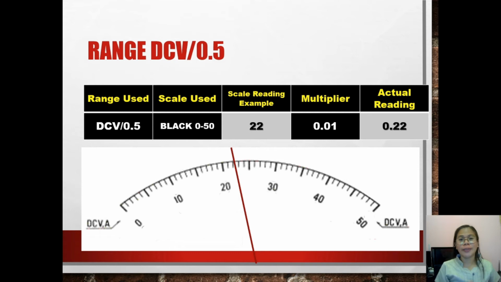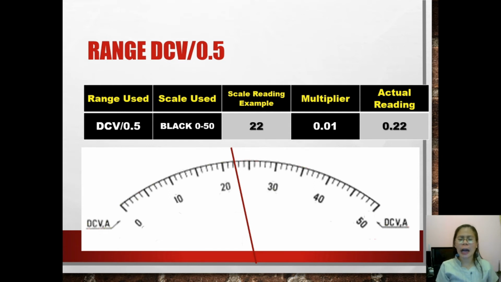Very good. Next, we are going to multiply this scale reading. What is the multiplier for our scale? What is the multiplier for the range of 0.5? Still, it is 0.01. Very good.